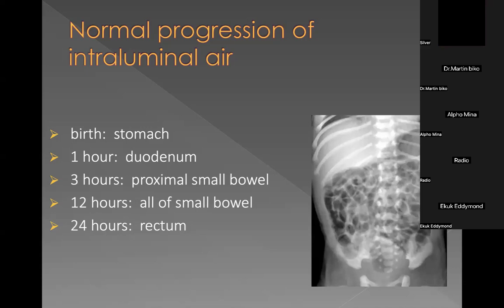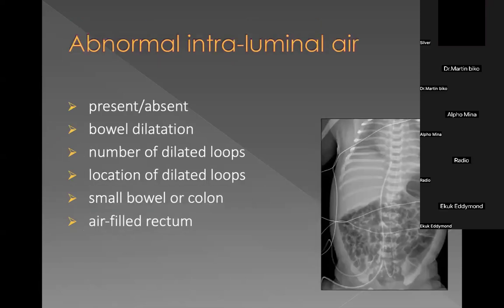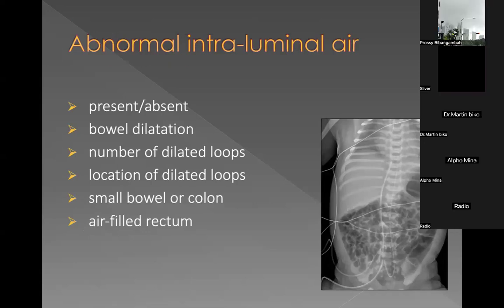So if you take the X-ray of a baby who is only 5 or 6 hours old, and you don't see the air in the distal part of the small bowel or within the rectum, don't worry about this, because the baby didn't have enough time to swallow enough air for the air to be visible in the area. So be careful within the first 24 hours of life of the baby.